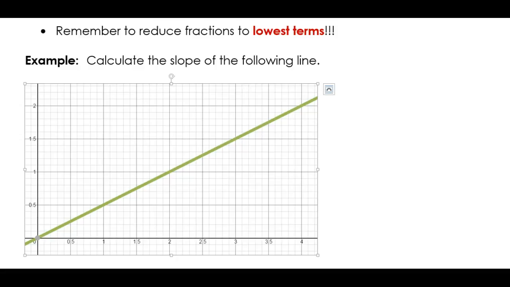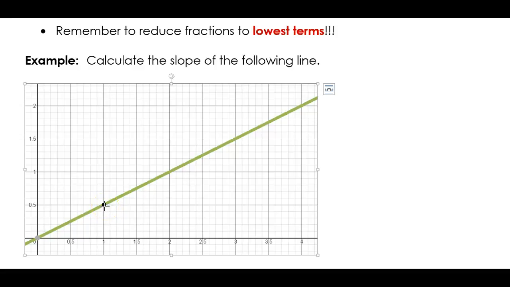It just makes it a lot easier for you if you pick exact values. So for instance, here's a point that would be a good point to select. Over here would be another good one. Over here would be a good one. If the points you pick are closer together, you're less likely to have to reduce a fraction. So I'm actually going to pick this point right here at 1 and 0.5.